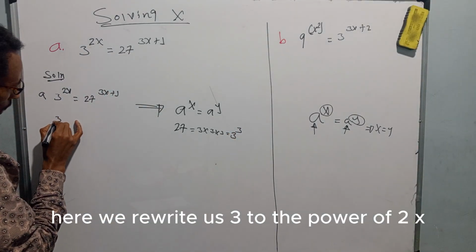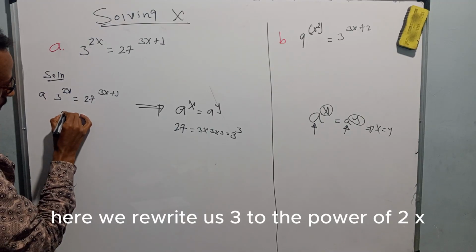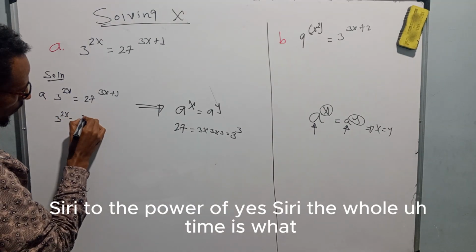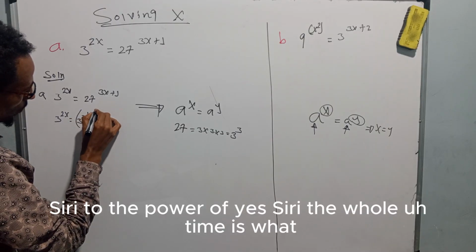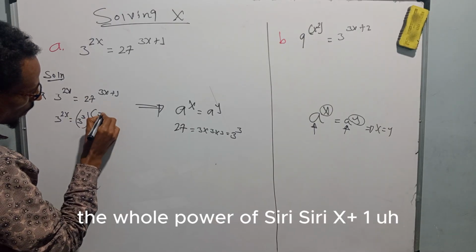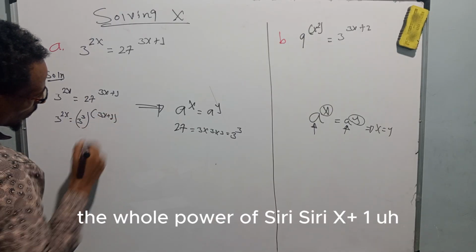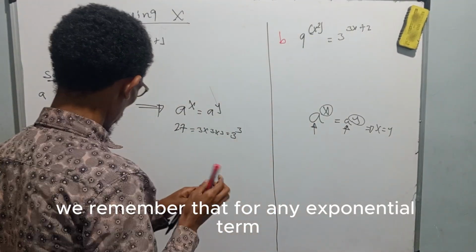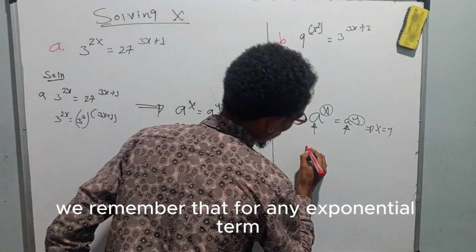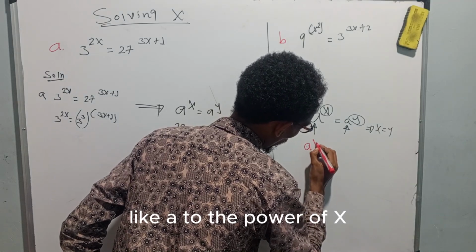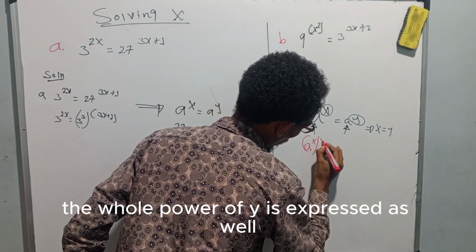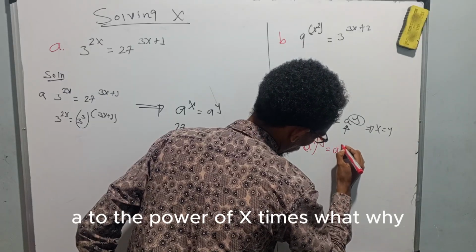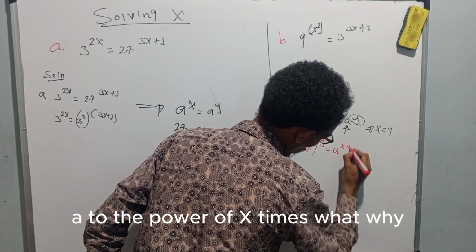Here we rewrite as 3 to the power of 2x equals 3 to the power of 3, the whole power of 3x plus 1. We remember that for any exponential term like a to the power of x, the whole power of y is expressed as a to the power of x times y.